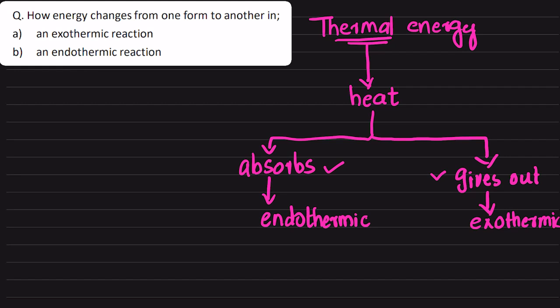For example, if I am talking about an endothermic reaction, A is a compound, it absorbs heat and forms B as a compound. So when you look at this one, it absorbs heat.